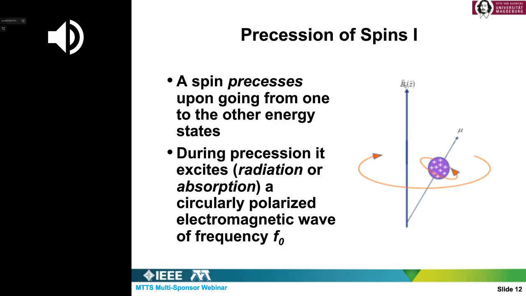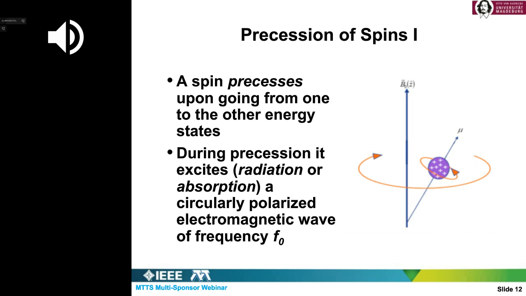We move now to a type of motion which is possessed by the spins, which is called precession. It's something like the top, if you remember your childhood time when you played with the top. Before the top falls down, besides the spinning, it makes another motion which is called precessing.